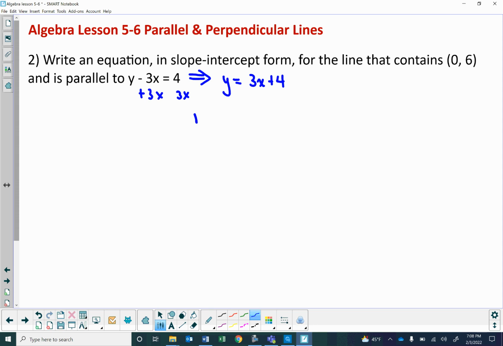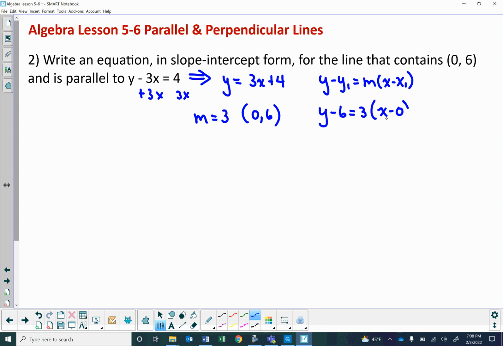Now I know that my slope is 3, and I'm going to go through the point 0, 6. Using the equation y minus y1 equals m times x minus x1 again, I will start plugging my numbers in. So y minus 6 equals 3 parentheses x minus 0.